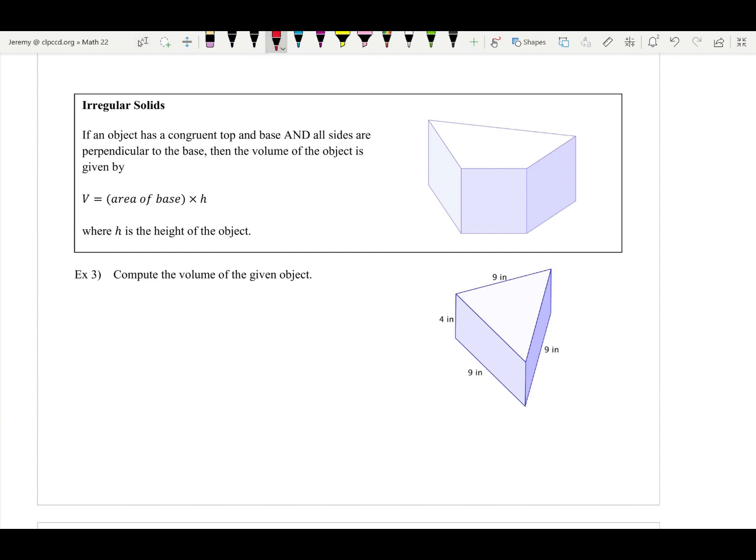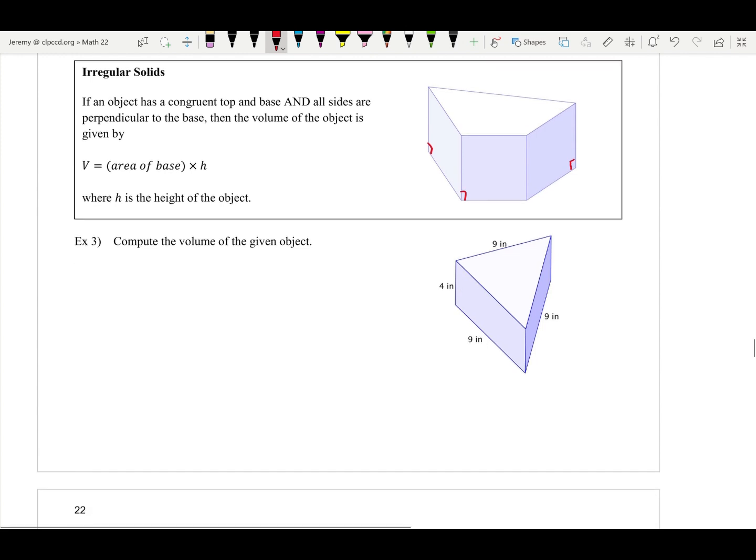So what this is saying is if the top and the base are congruent, if they're the same shape, and it's like this two-dimensional shape has been stretched through space, and these are all right angles here, then the volume is just going to be the area of the base times the height, how far it was stretched.